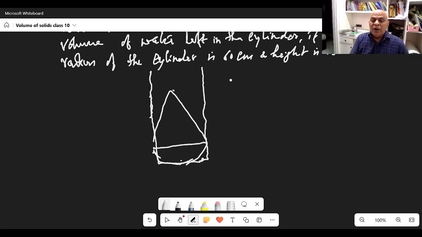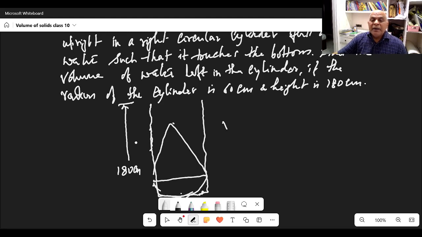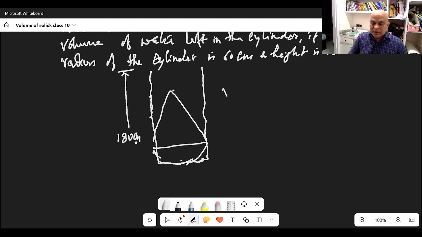So first of all, what has been given here? The whole height is, I think, 180 centimeter. If the radius of the cylinder is 60 centimeter and this is 180, this radius is 60 centimeter and 180 centimeter is the height of the cylinder.